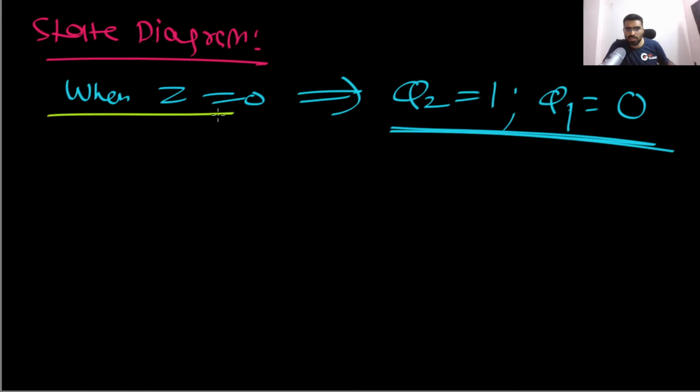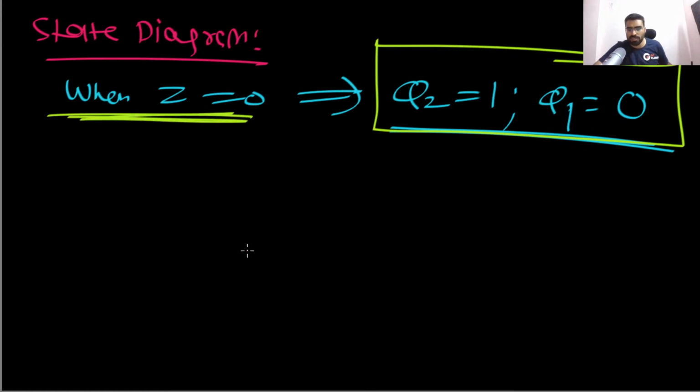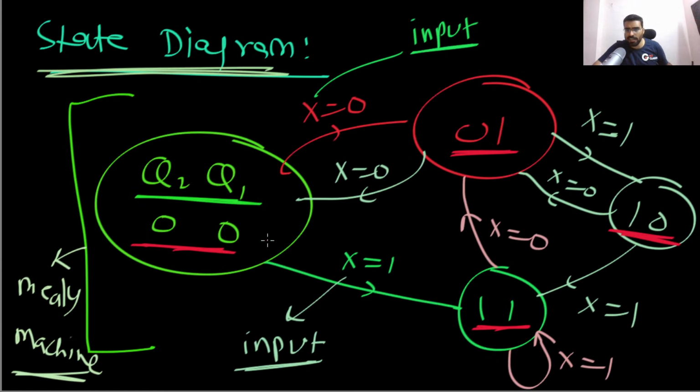In this situation you will produce output z equal to 0. You will produce output z equal to 0 when your state is this, when your next state is this.